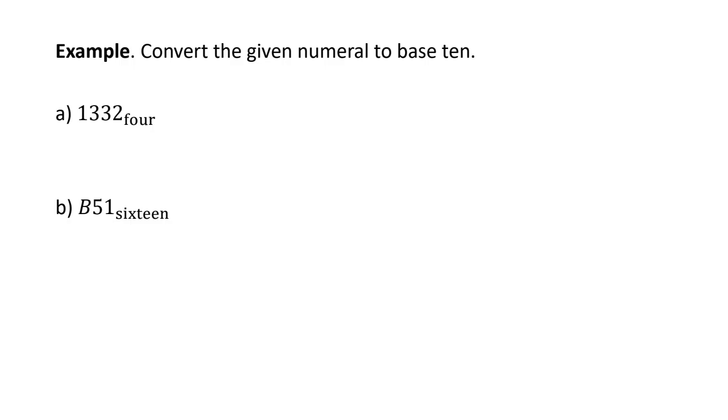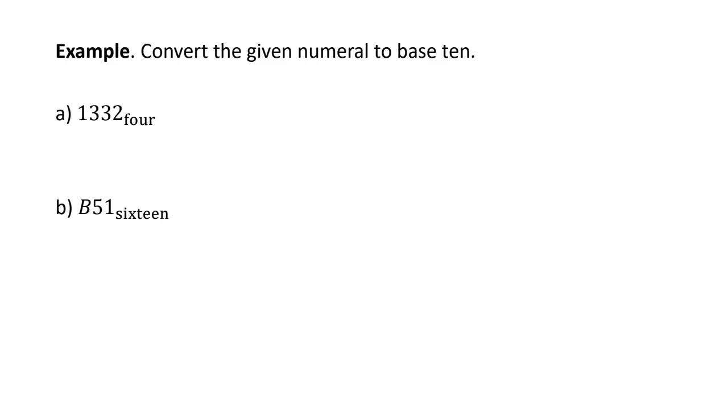Now, we also cover in this section numeration systems. We talked about numbers in different bases. So typically we have numbers in base 10, but you can have numbers in base 5, base 3, base 4, base 16. And so in these examples, I have numbers.